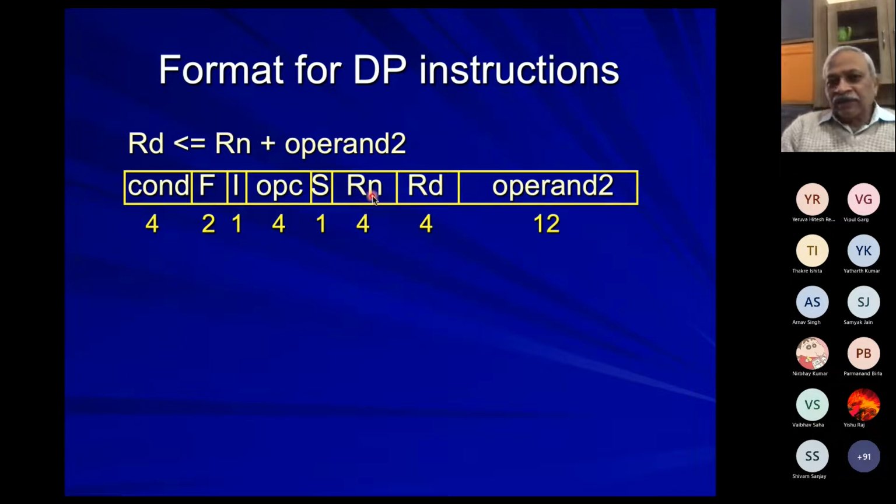And since there are 16 registers, you need 4 bits to specify these. Operand 2 has 12 bits, so actually operand 2 can be a constant. It can be a register. So if it is a register, not necessary that all 12 bits will be utilized. But if it is a constant, you can see that there would be limitation in terms of the size.